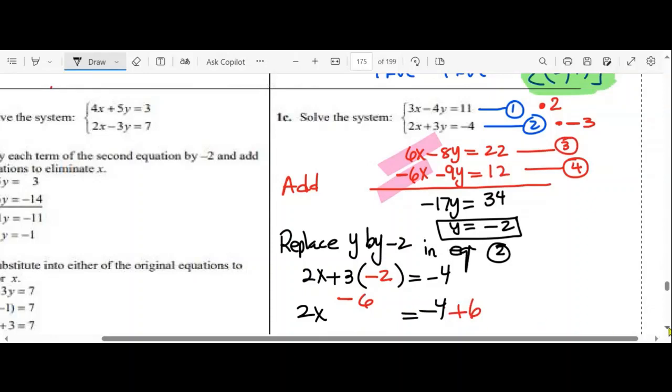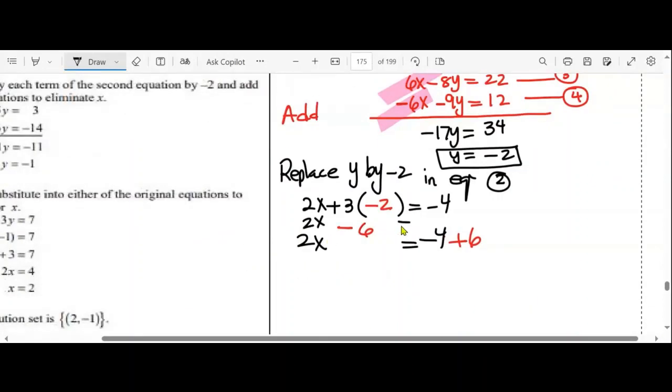Good? And 2x equals 2, so x equals 1. So what's your solution set?